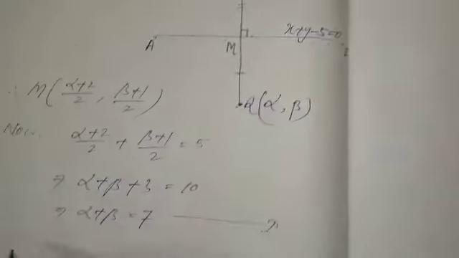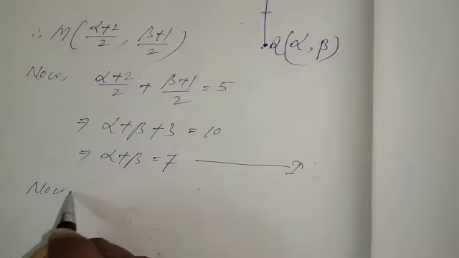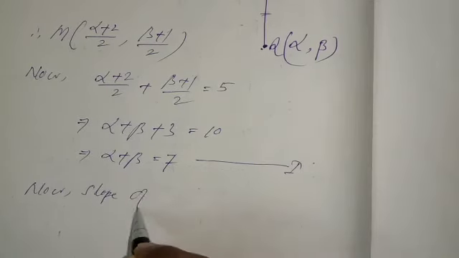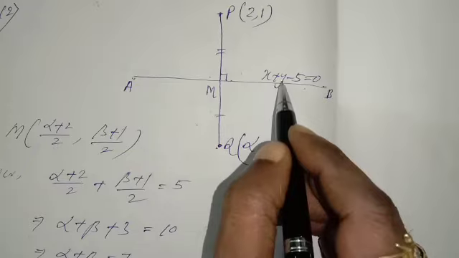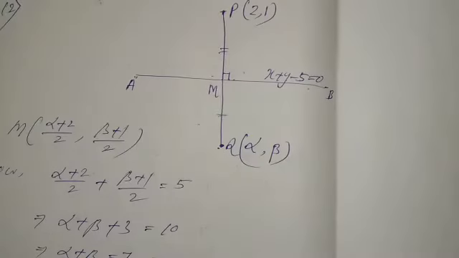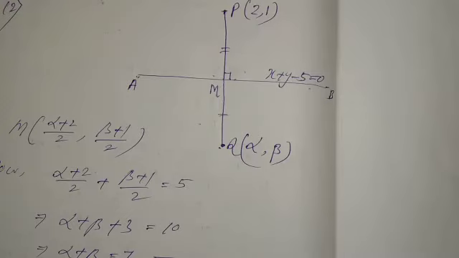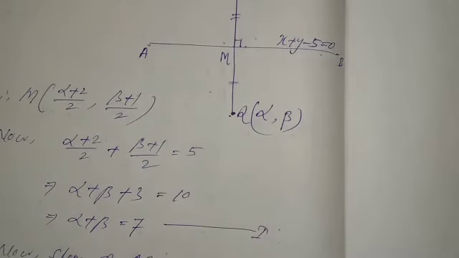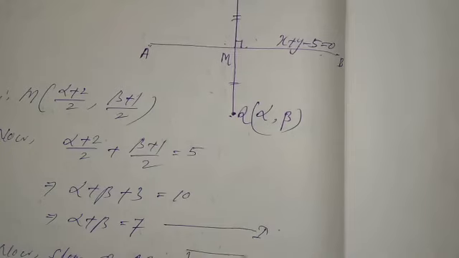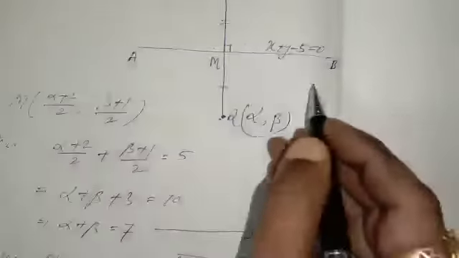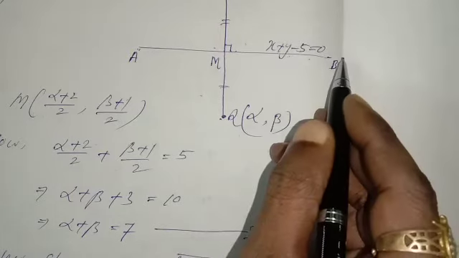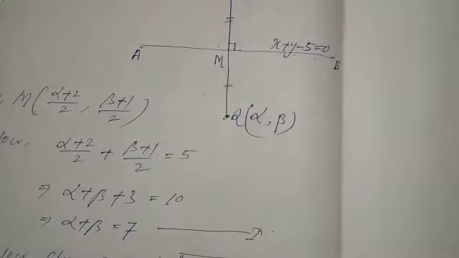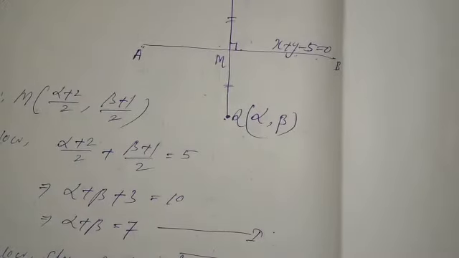The equation of the line given is x + y - 5 = 0. So y = -x + 5. The coefficient of x is -1. That means the slope of AB is -1.